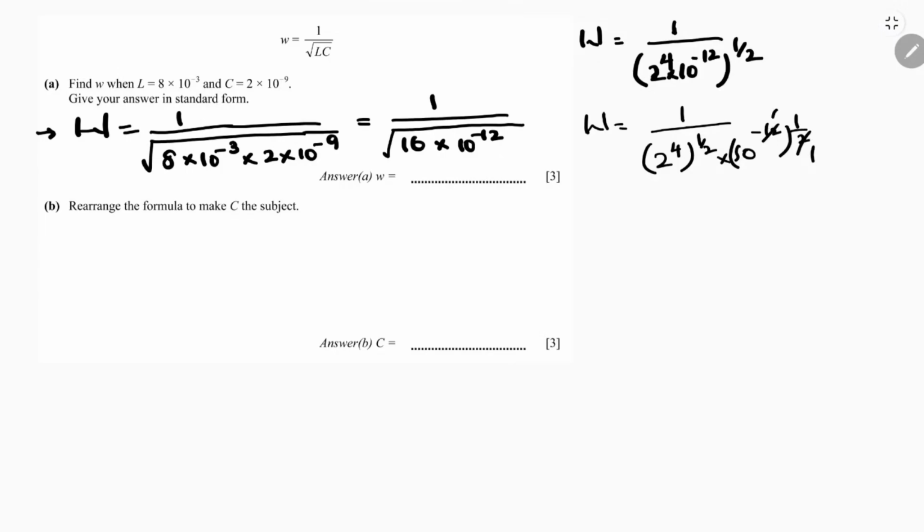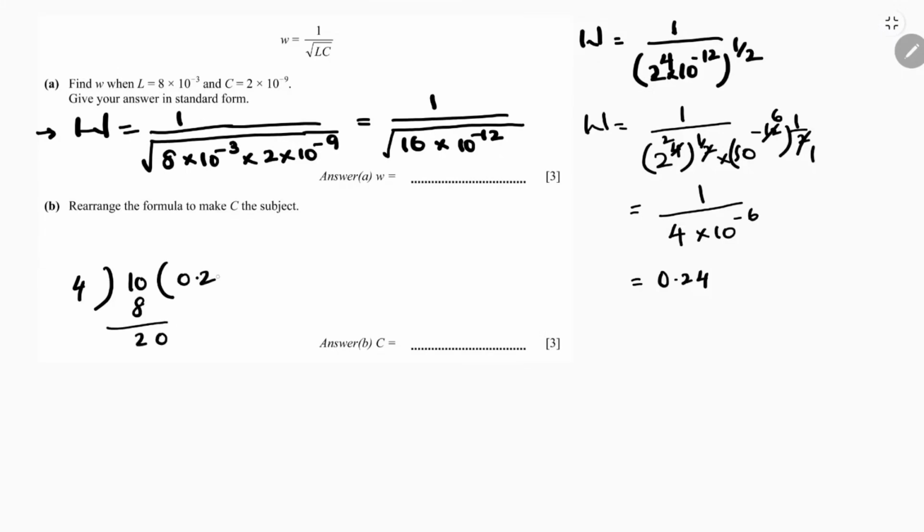2 times 1, 2 times 6, 2 times 1, 2 times 2. So it is 1 by 4 into 10 to the power of minus 6. 1 by 4 is 0.25. 1 divided by 4: 4 times 2 is 8, 4 times 5 is 20. 0.25.